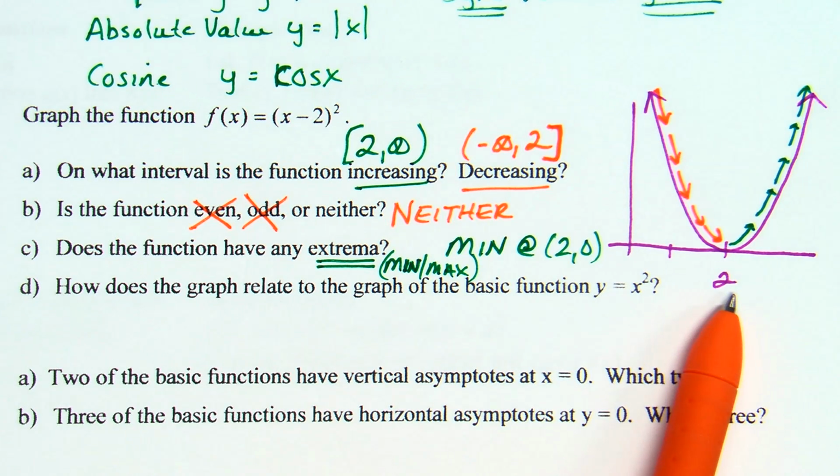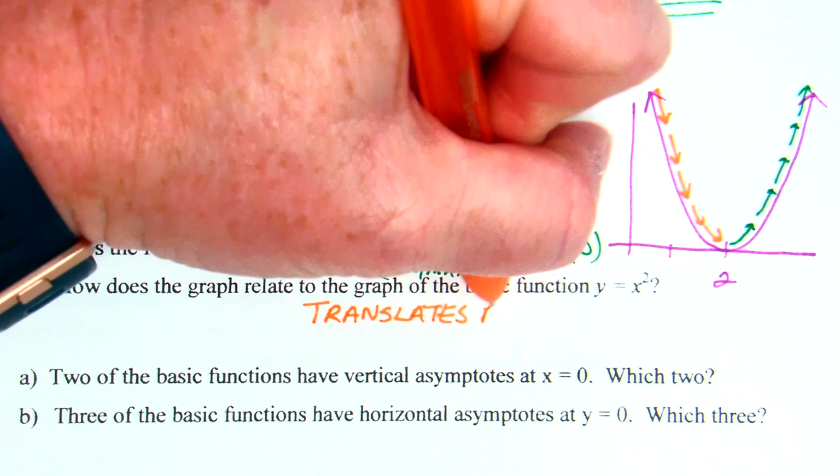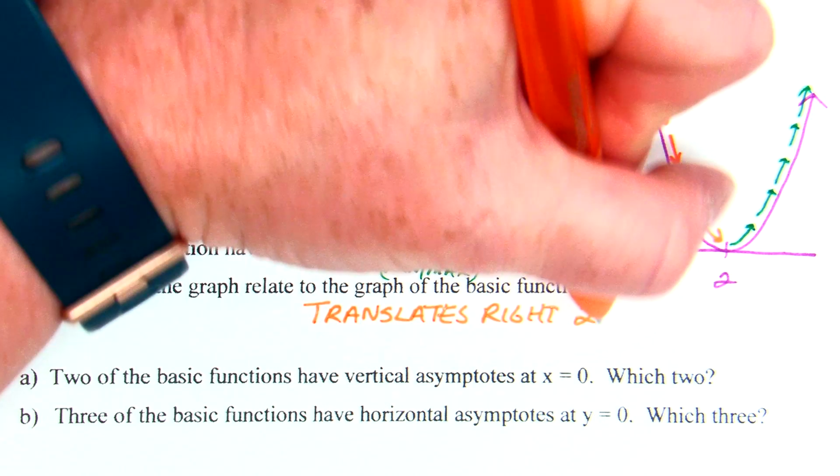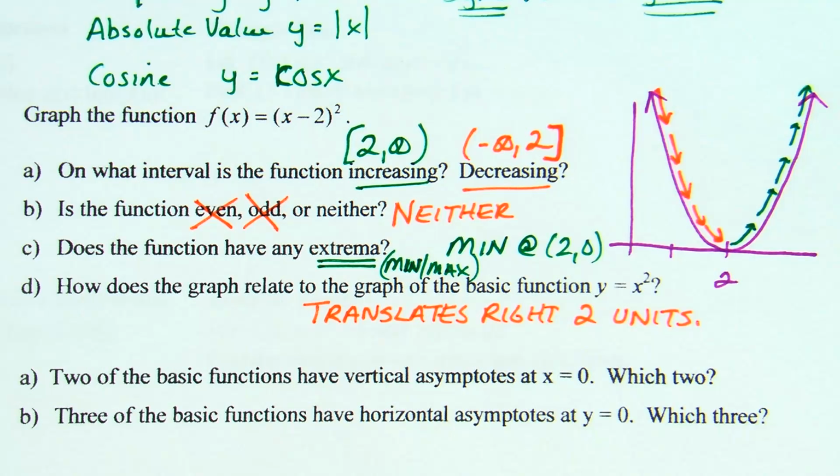So, I'm just going to put here that it translates right 2 units. So yes, there's 4 parts to that one, but I think they're good parts. It connects us back to lesson 1.2 and gets us thinking in those ways.